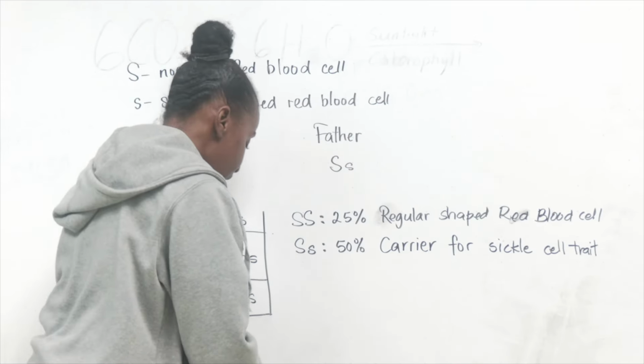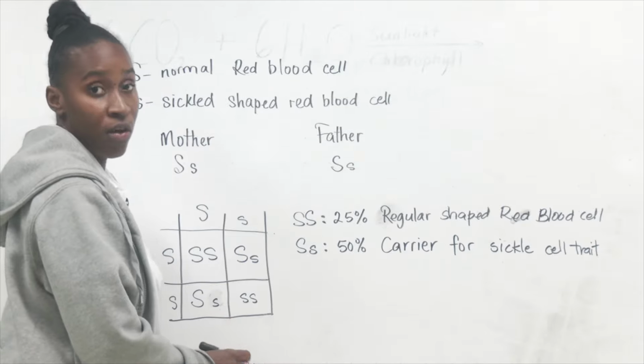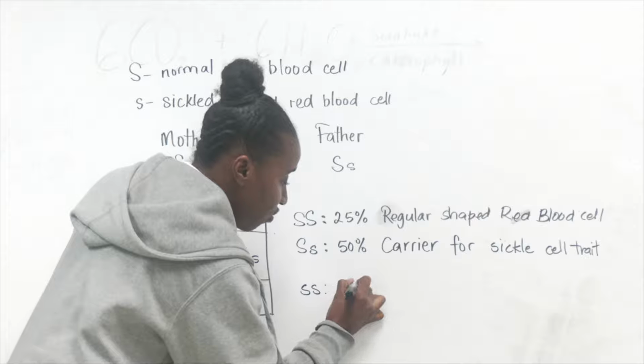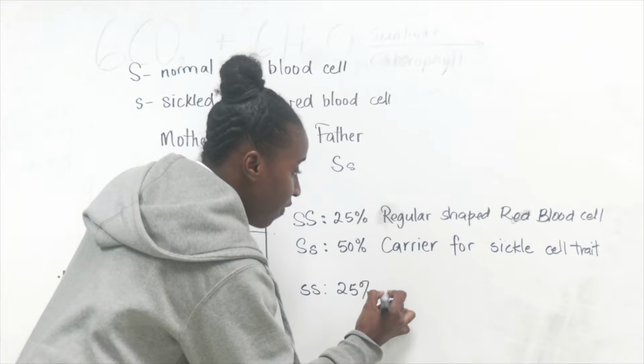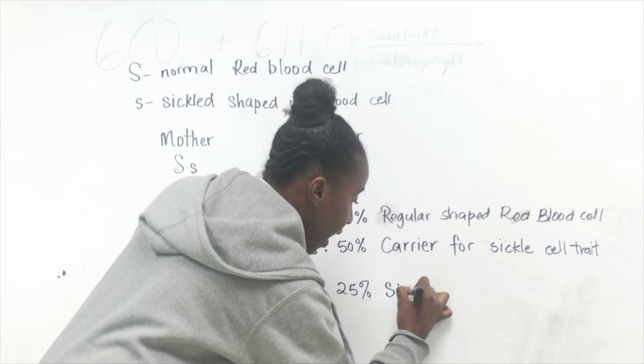And then we realize in 1/4, we actually have two small s's. So the parents will actually have a 25% chance of having a child who has sickle cell anemia.